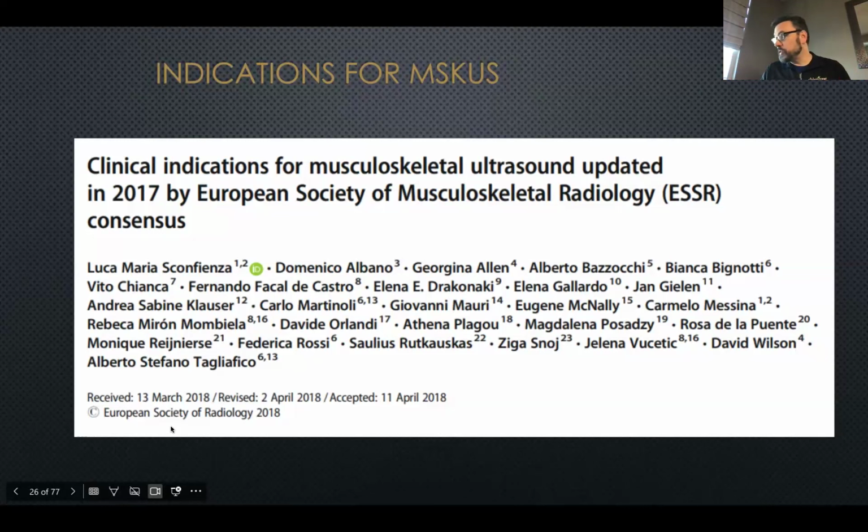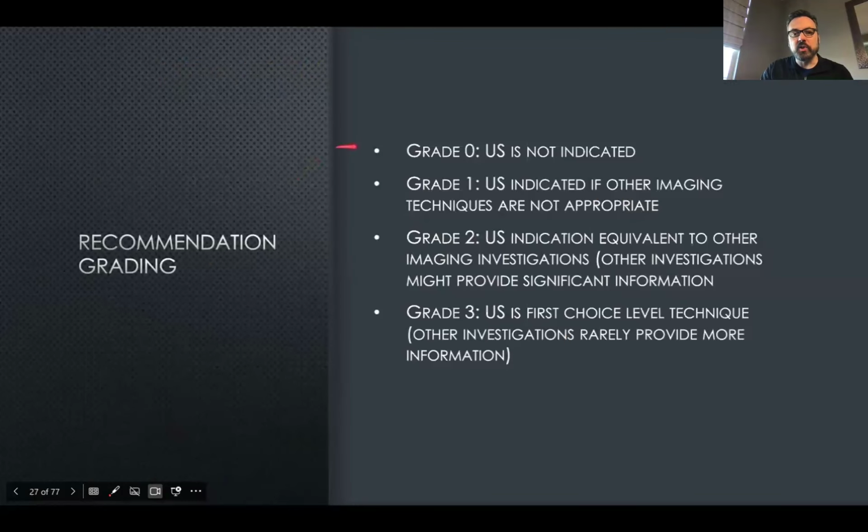When it comes to musculoskeletal ultrasound, this is the third iteration of this particular article, but it's a Delphi committee. It was basically a committee set up of European radiologists, all of whom are very, very familiar with musculoskeletal ultrasound. And what they do periodically is go through all of the research that's out there, and as they go through it, they grade the level of research that exists.